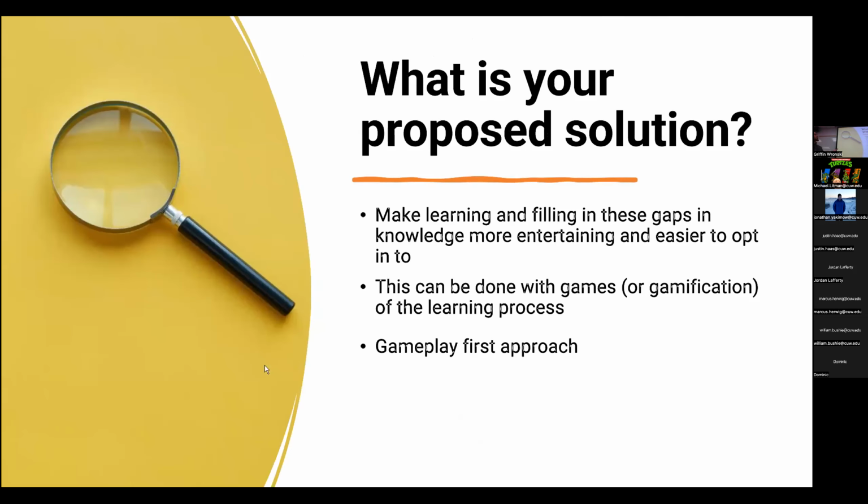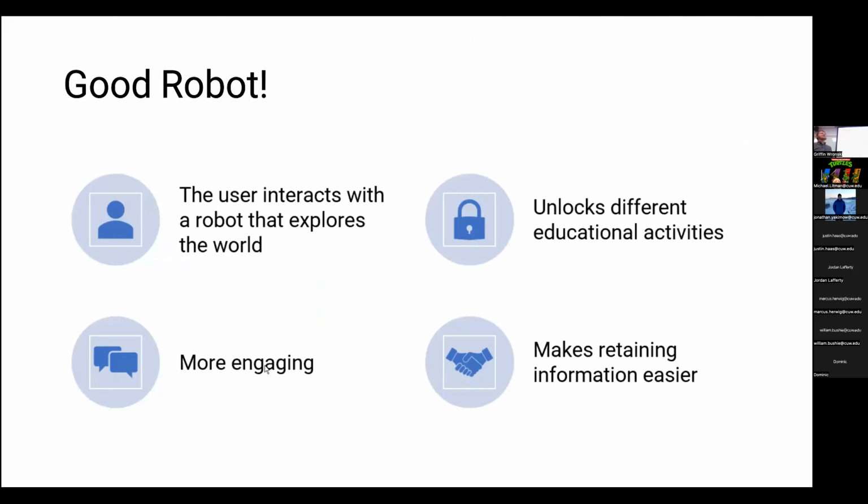So what is the proposed solution? Make learning and filling in the gaps of our knowledge fun, make it engaging, make people want to opt into that process and learn with a gameplay first approach. You hear about kids who are addicted to Fortnite. What if that 16-hour session of Fortnite they played over the weekend, they were developing a skill that's going to greatly assist them in life?